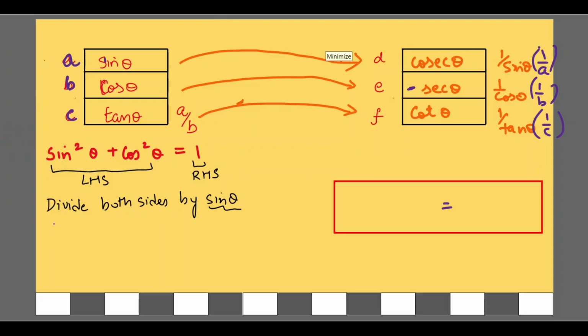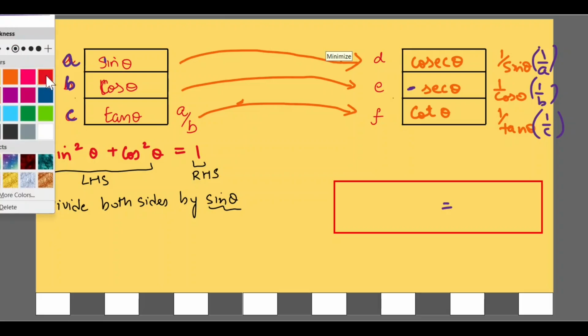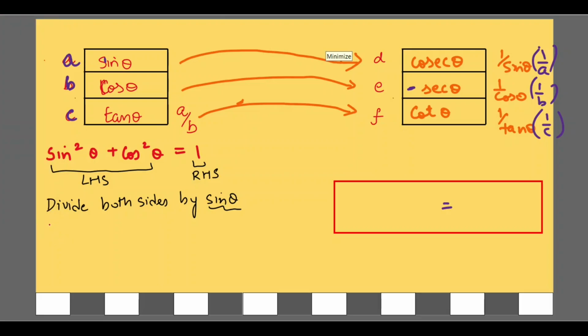So this will become, let's write with red only, sine square theta divided by sine square theta plus cosine square theta over sine square theta, sorry, I'm dividing by sine square theta, is equal to 1 over sine square theta.